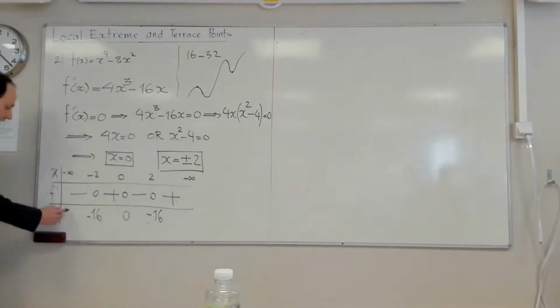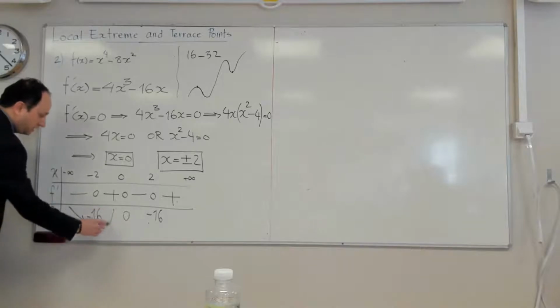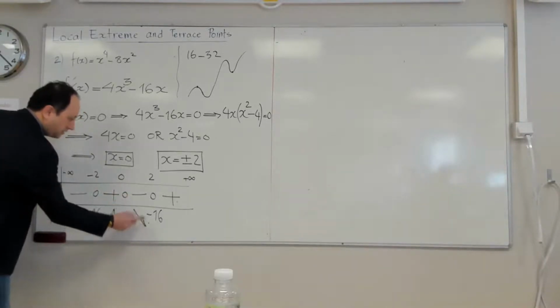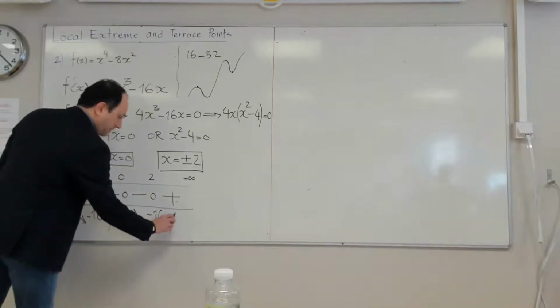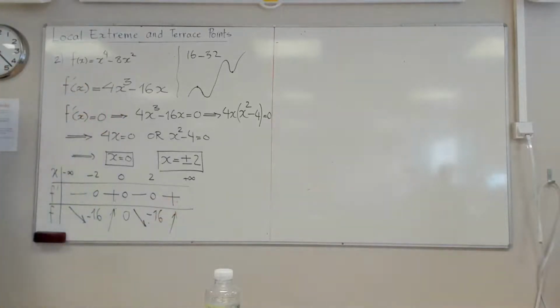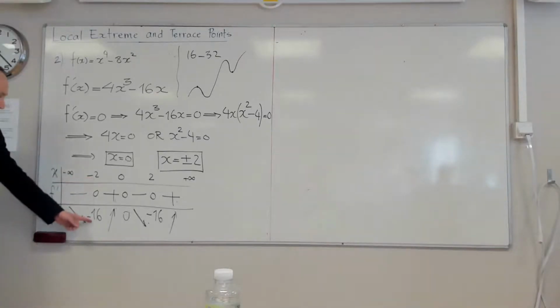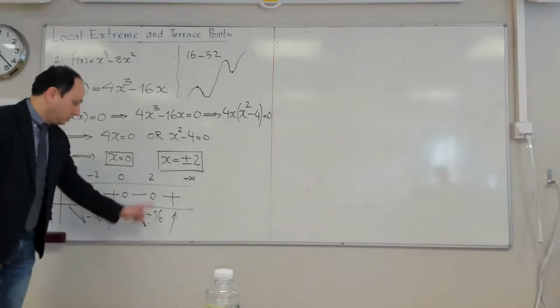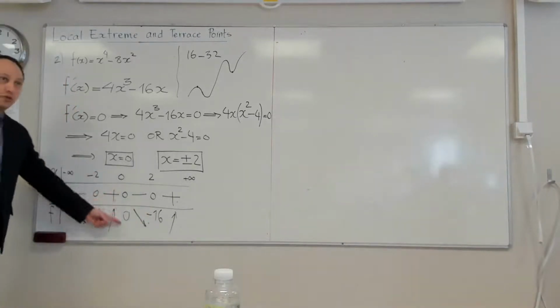So this means that here the function is decreasing, here the function is increasing, because I am seeing the signs now. So what is the nature of this? I have -2 and -16 to be a local minimum. And this is also a local minimum, but this is a local maximum.